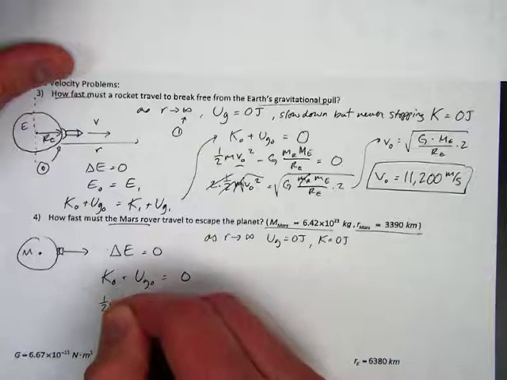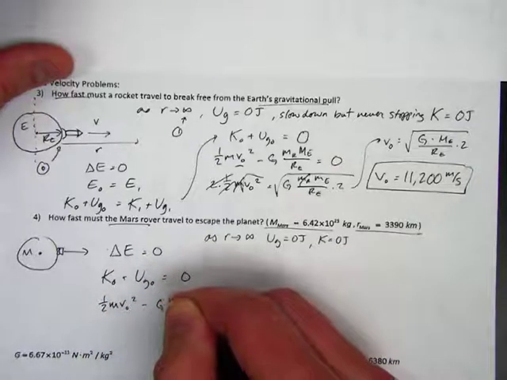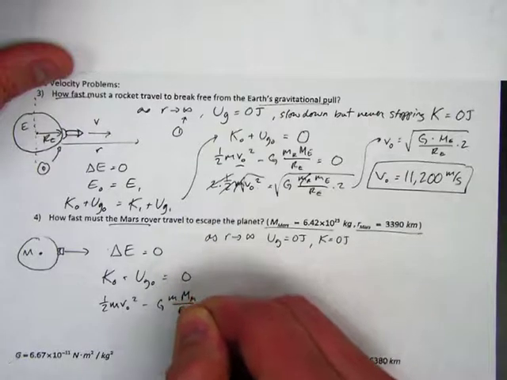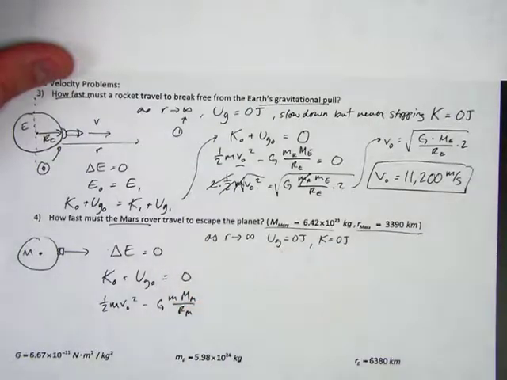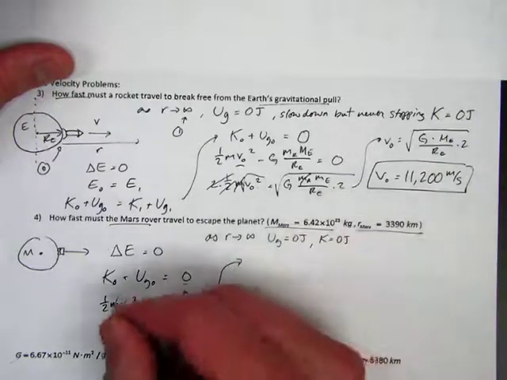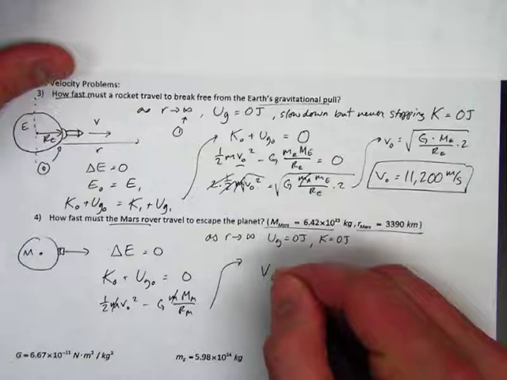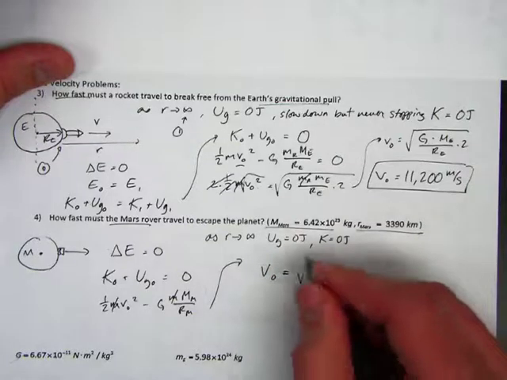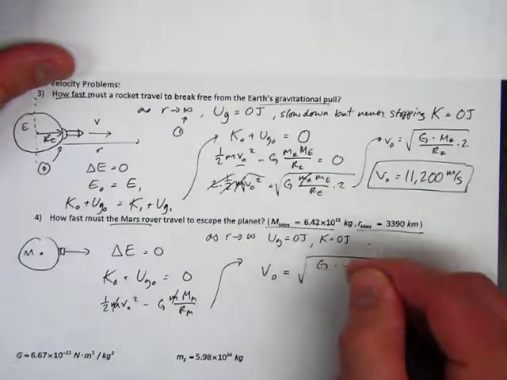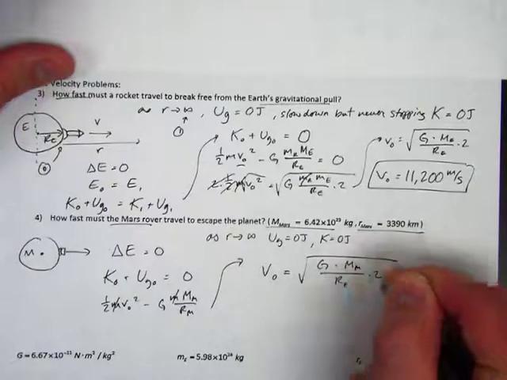1/2 m v initial squared minus G m times the mass of Mars over the radius of Mars. That's what really changes. So the mass of the rover itself cancels, and we get that the escape velocity will be, skipping a few steps, but you can see them up here, the square root of 2 G times the mass of Mars over the radius of Mars.